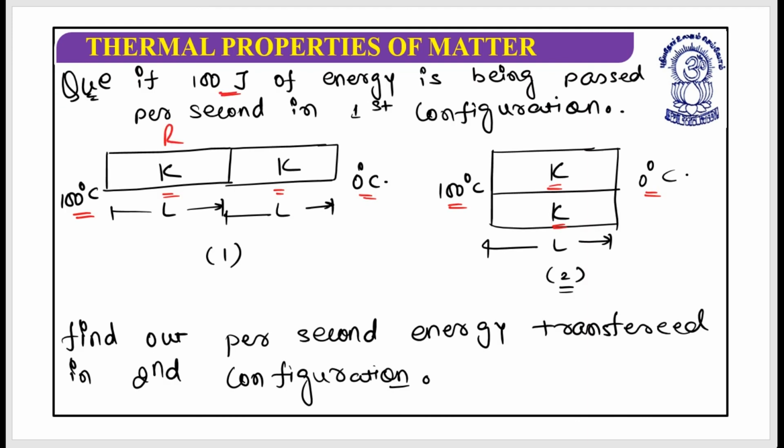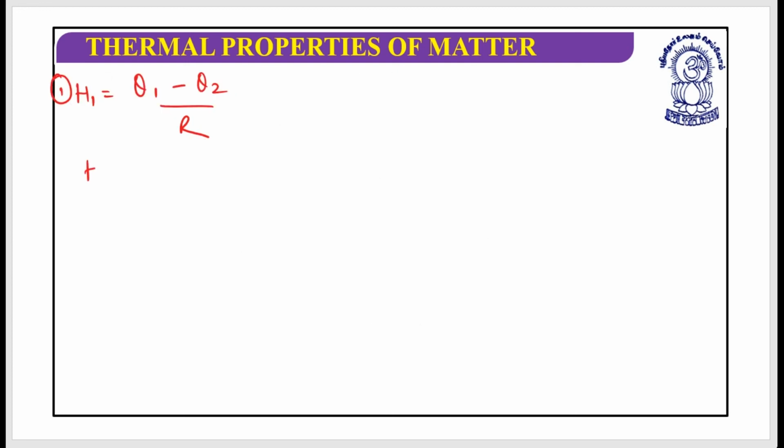Let's call this resistance R, because it is made of the same material and all dimensions are the same. So H1 is equal to theta 1 minus theta 2 divided by 2R, and when theta 1 minus theta 2 is 100, 100 by 2R is equal to H1.